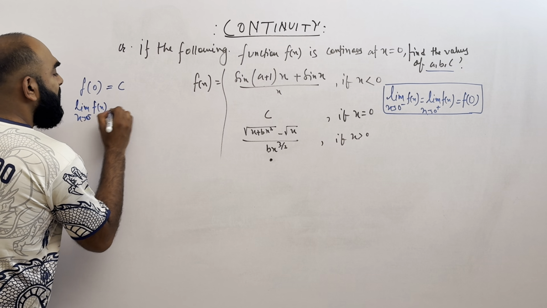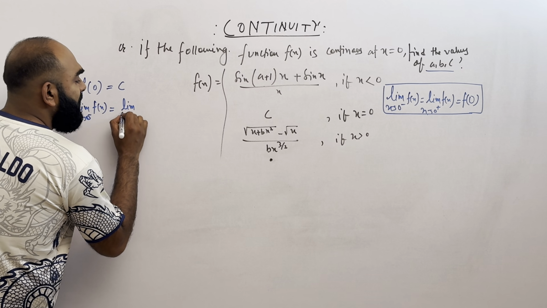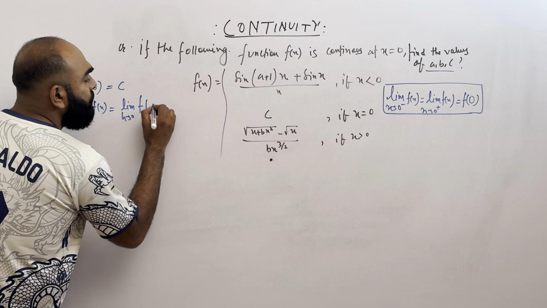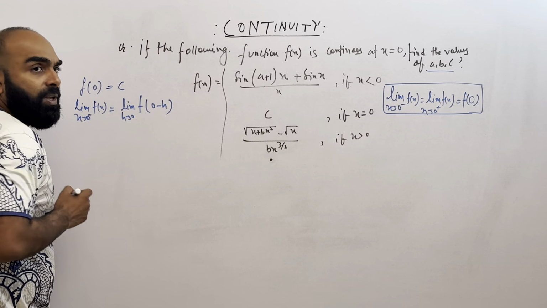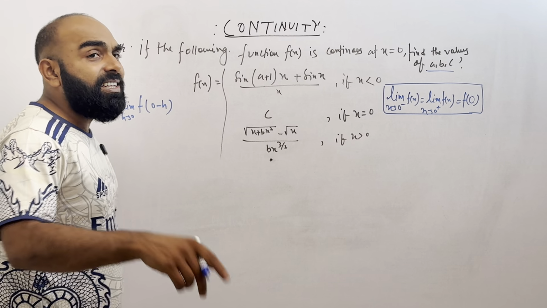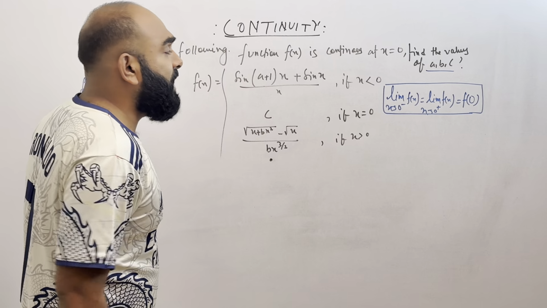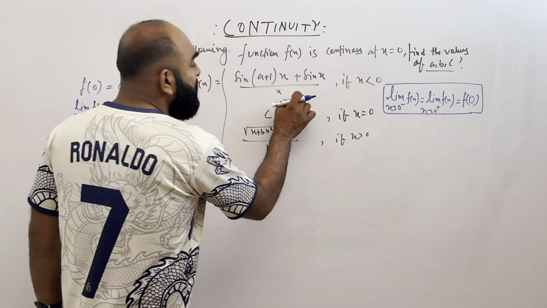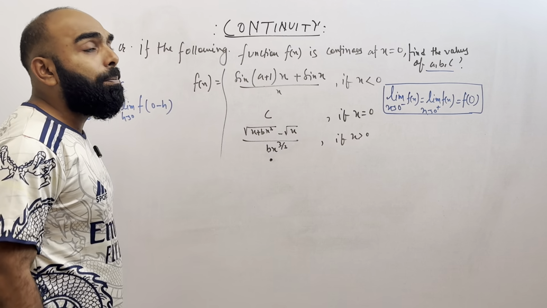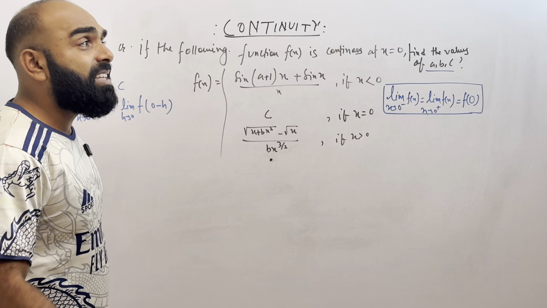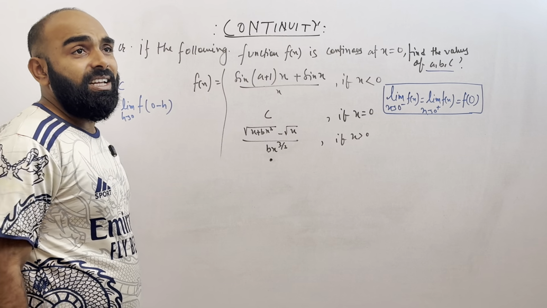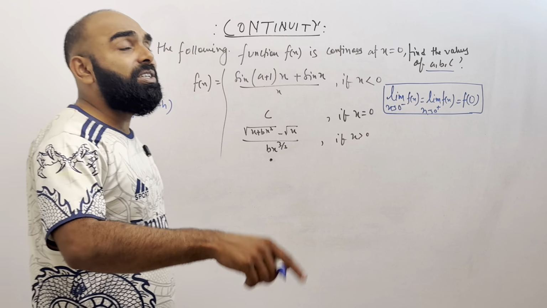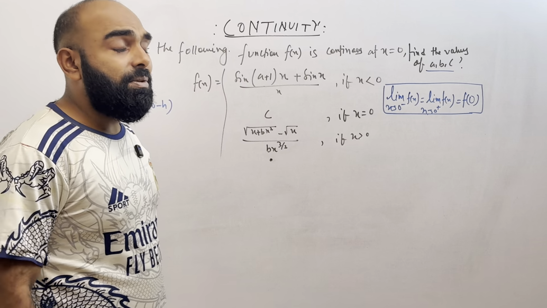f of x is equal to limit h tends to 0 of f of 0 minus h. Sir, which function is valid for x less than 0? This function: sine of (a plus 1) into x plus sine x divided by x.